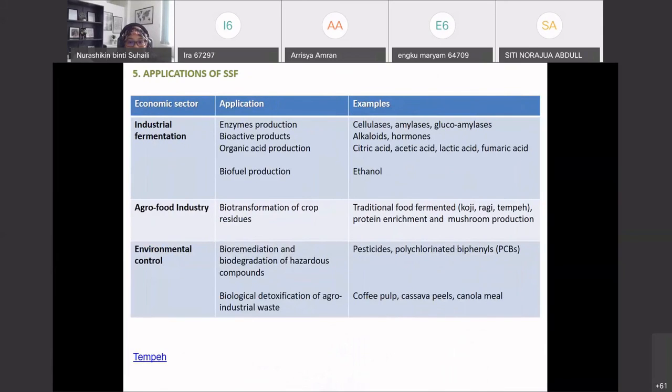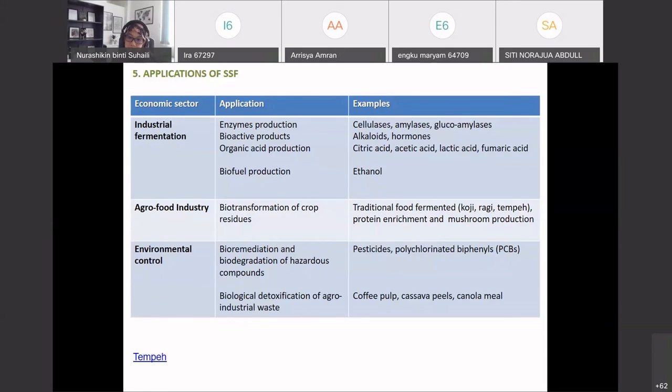Okay, so that's advantages and disadvantages. Applications of SSF, you can see in the food industry is quite a lot of products produced from solid state fermentation. For industrial fermentation, there are enzymes produced by SSF, for example, cellulases, amylases, glucoamylases, yeah?